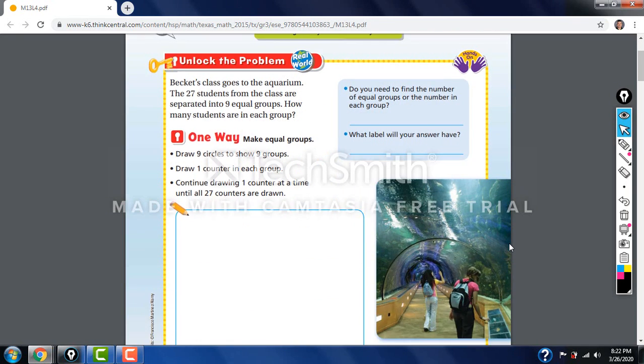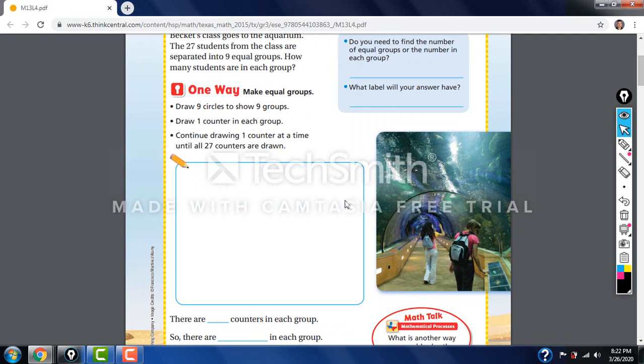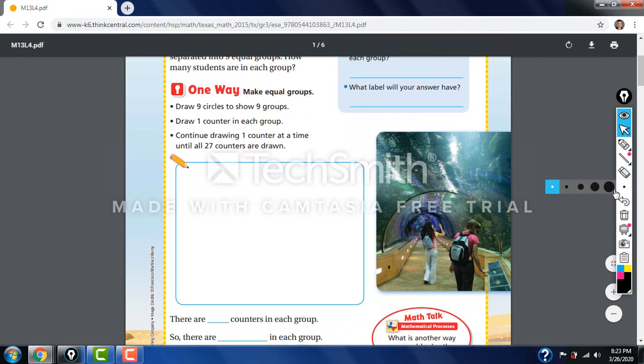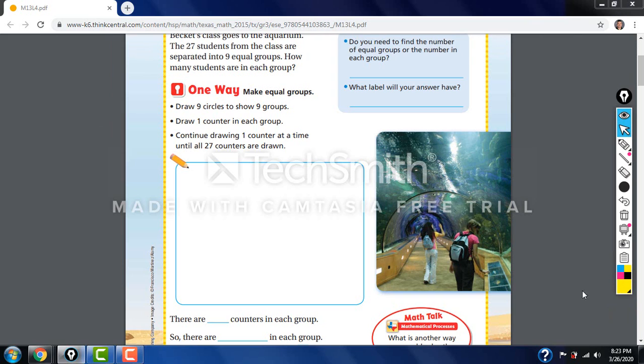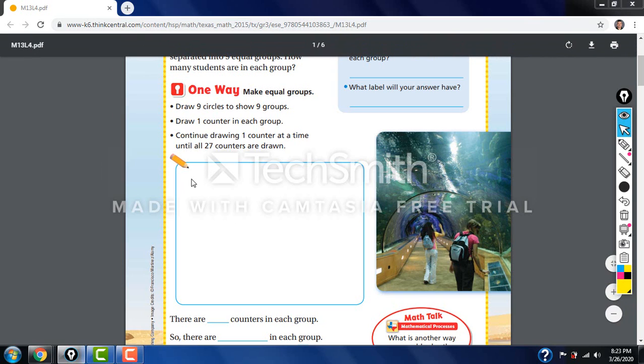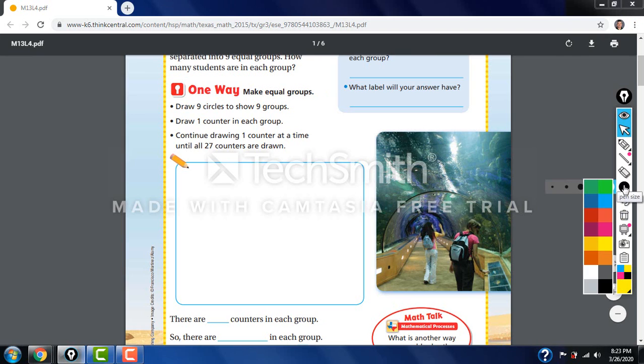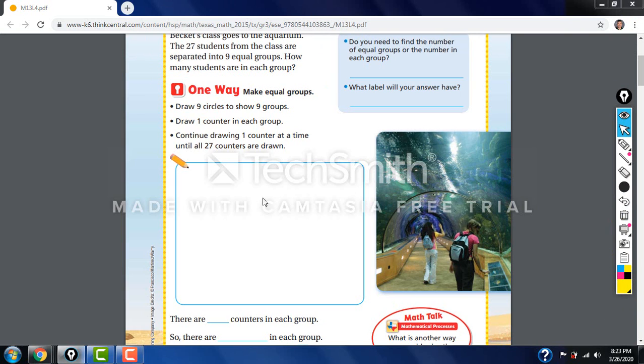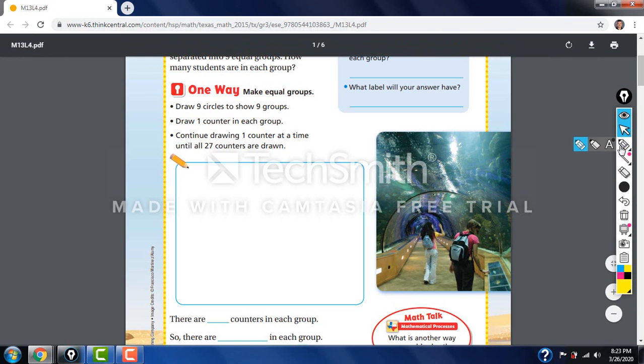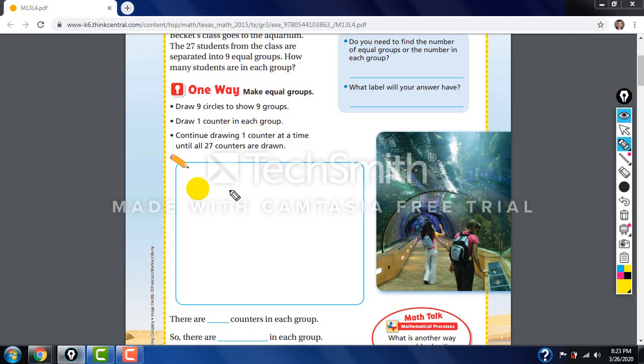Let's look at one way to figure this out. So it's asking you to draw how many circles? 9. Okay, 1, 2, 3, 4, 5, 6, 7, 8, 9.